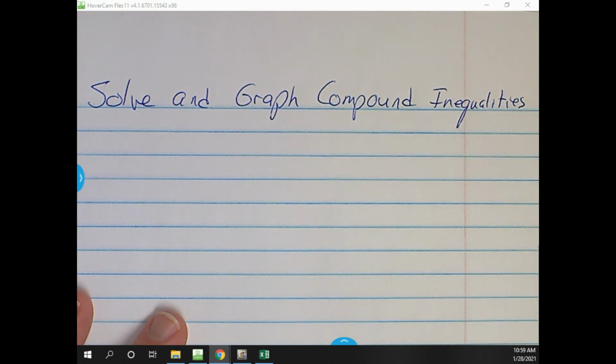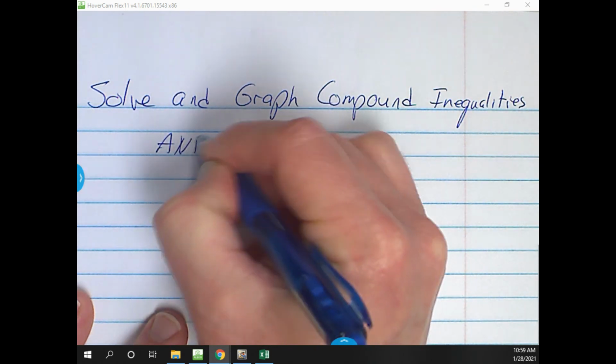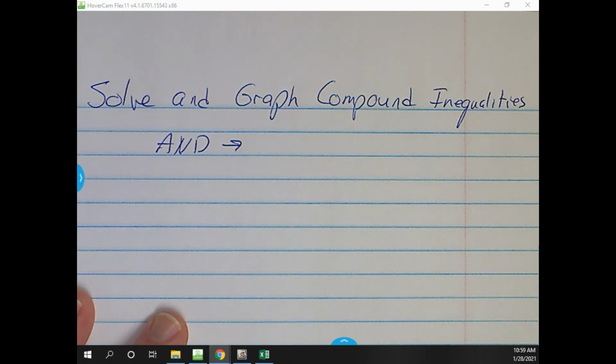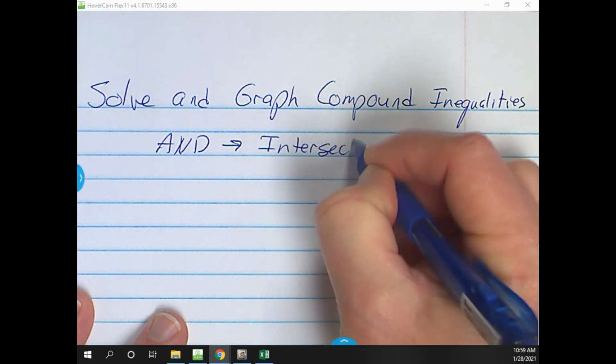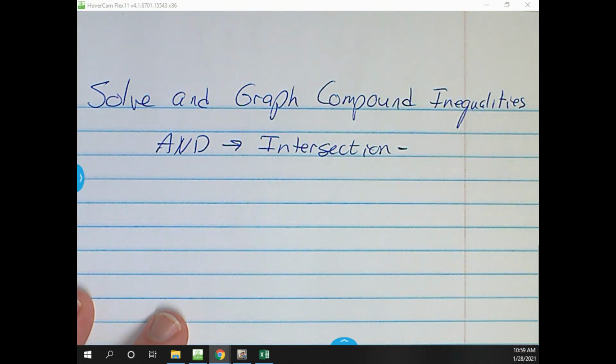And hopefully you remember this one, that there were two main types. You had the and statements, which they like to say was the intersection, which is basically what they both have in common.